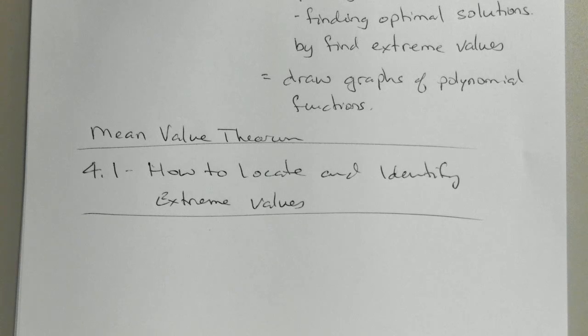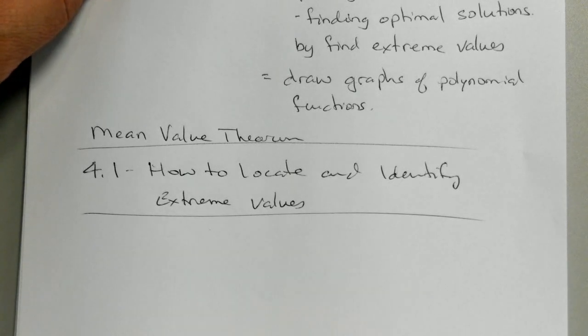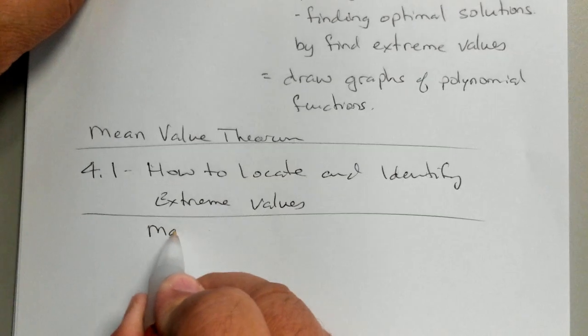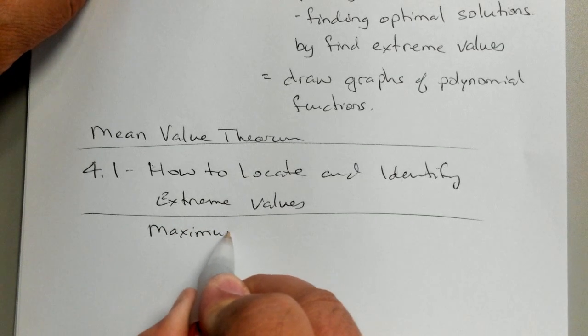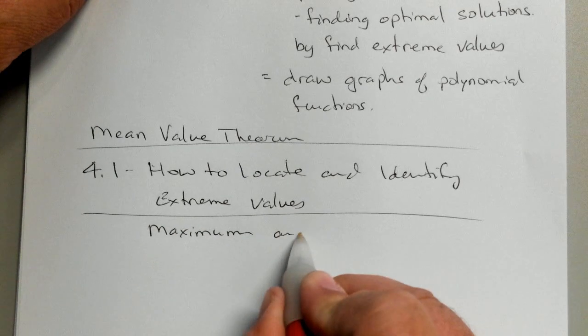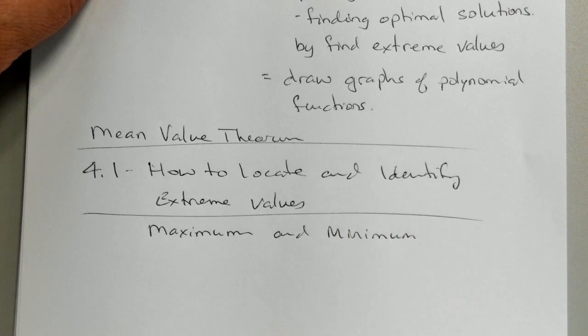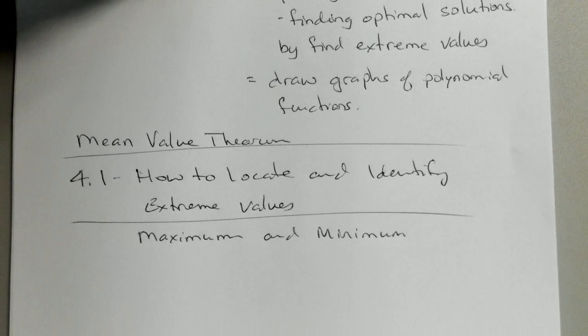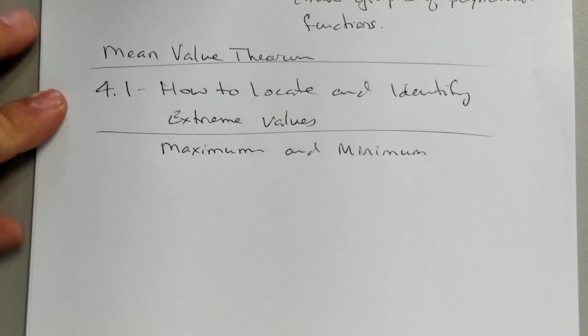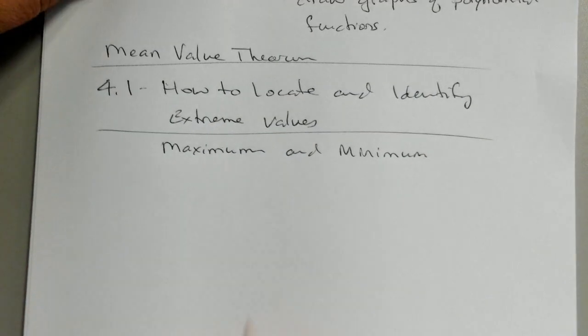Yeah, actually, that's what we're going to use. We'll discuss that when we do the mean value theorem. But yes, it does have to do with specific points. The two extreme points are maximum and minimum.